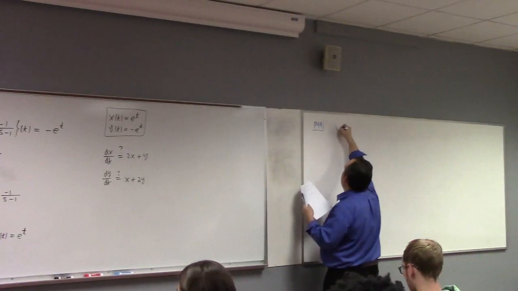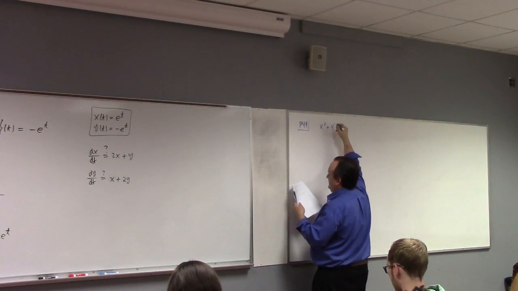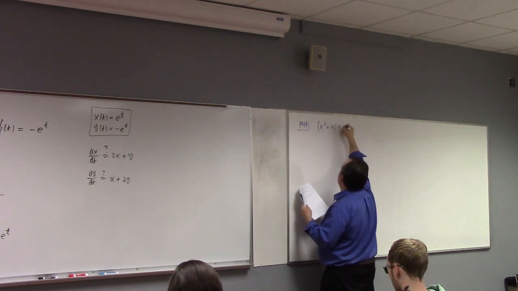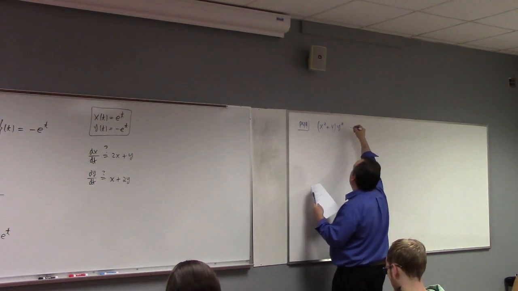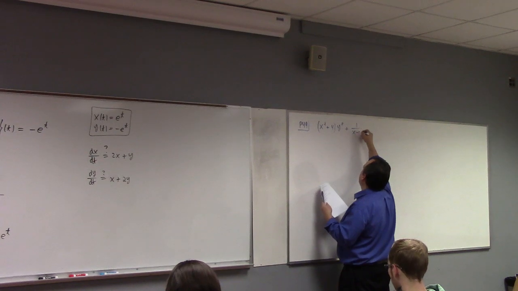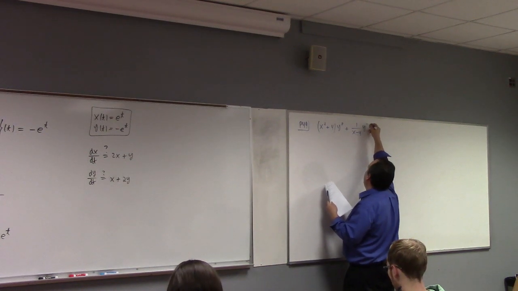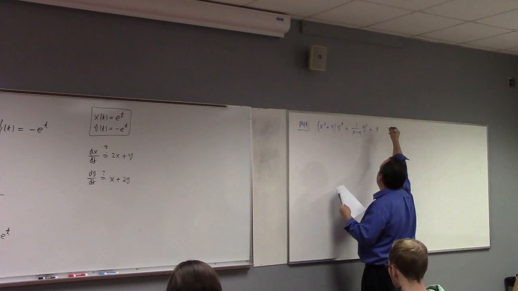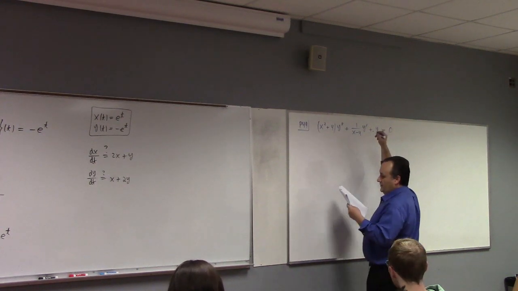So we've got (x squared plus 4) y prime prime plus (1 over x minus 4) y prime plus y equals 0.